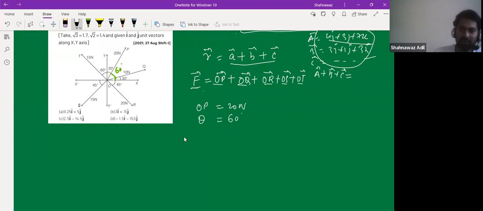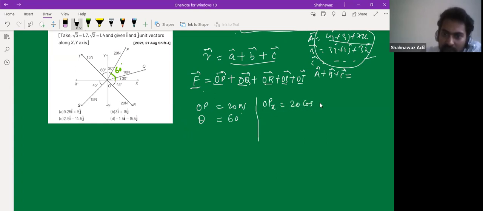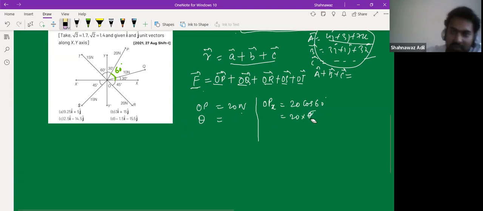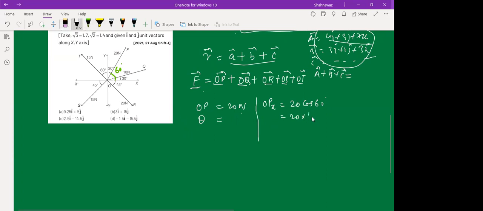Now you can calculate vector OP. First, we will calculate the horizontal component. This will be 20 cos 60. Cos 60 is 1 by 2.